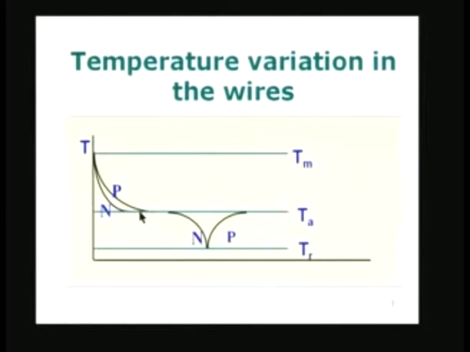If you see here, bulk of the wire is at a uniform temperature, and therefore, there is no need to connect by using the same wires as the thermocouple wires. We can in fact use some other wire. We can use so called extension wires, which are usually made of the same material as the thermocouple wires, but of lower quality, or we can even use copper wires uniformly away from the junction.